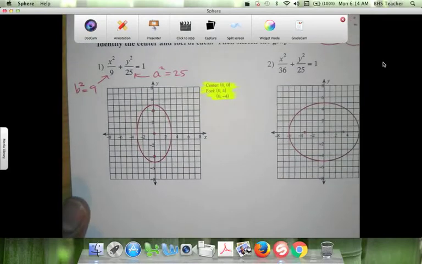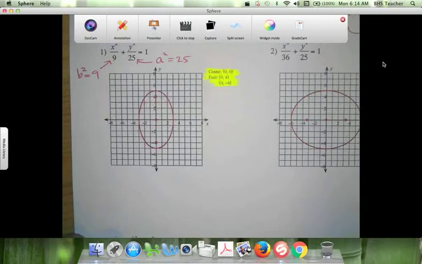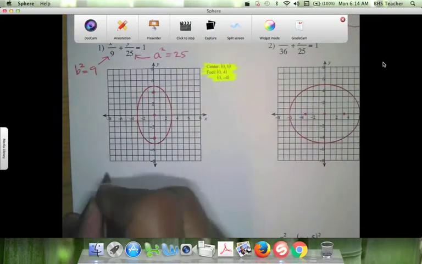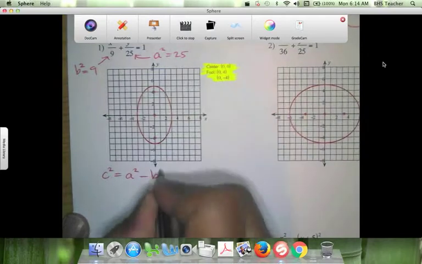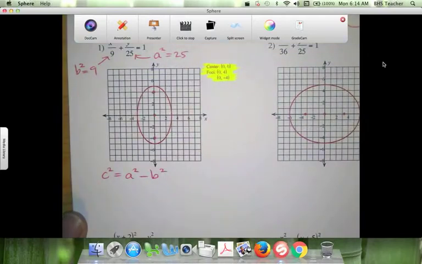Okay, so let's find that c value. Using that formula, right? The formula is c squared is equal to a squared minus b squared. That's going to be 25 minus 9.